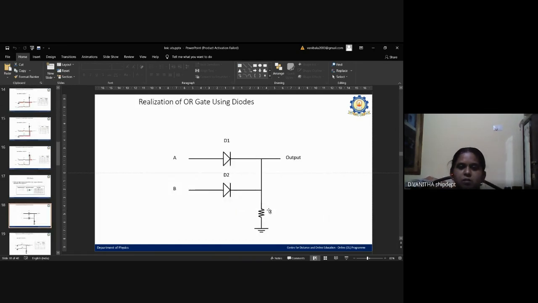So here the realization of the OR gate is done by using diodes. Here also we are using two diodes, D1 and D2. From the end of the D1 diode, output has to be taken, and the two diodes are connected by their negative end, and it is connected to a resistor, and it is grounded.